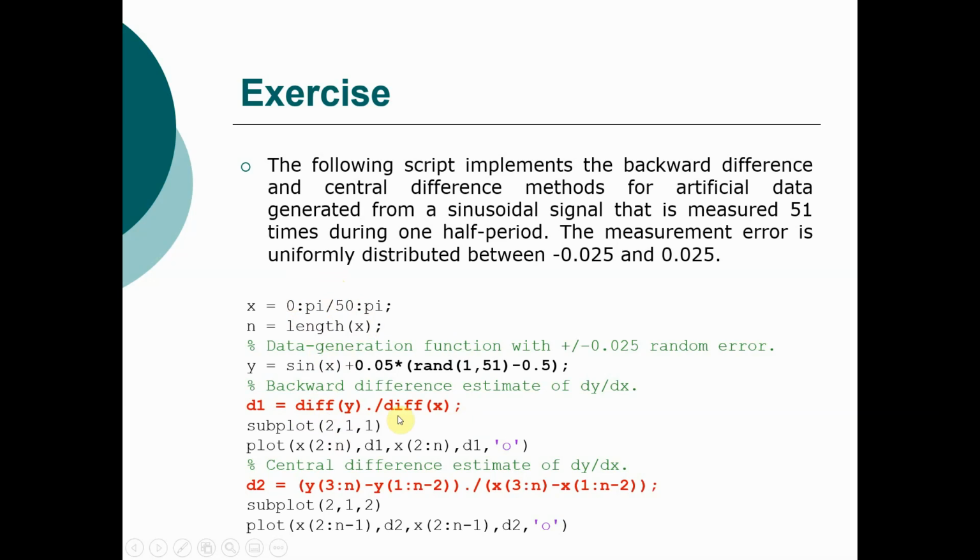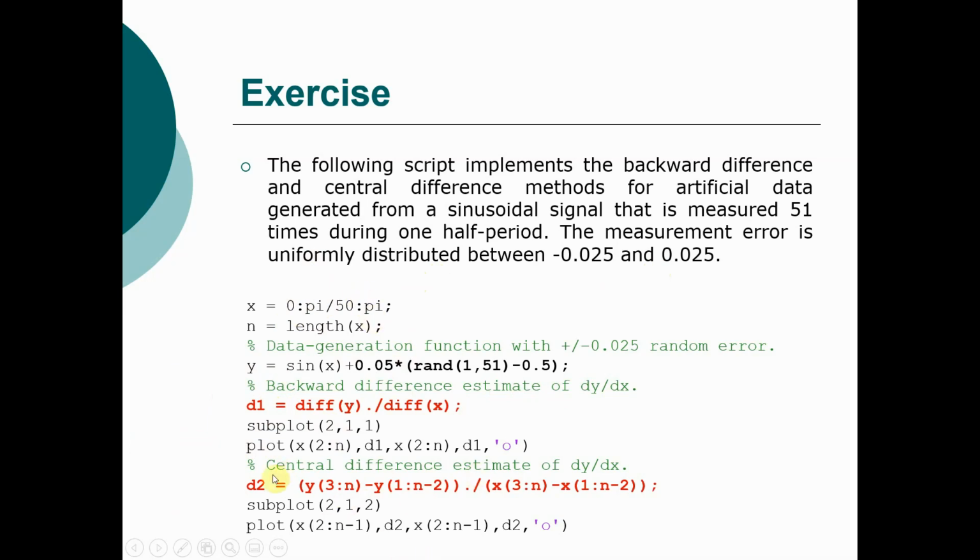It can go on. This also gives us the derivative for every point except the last point, using the forward difference. So this actually gives us both backward and forward difference estimation, but for different points. One of them goes from the second point all the way to the last one. That would be the backward. The other one goes from the first point to the second last point. That would be the forward.